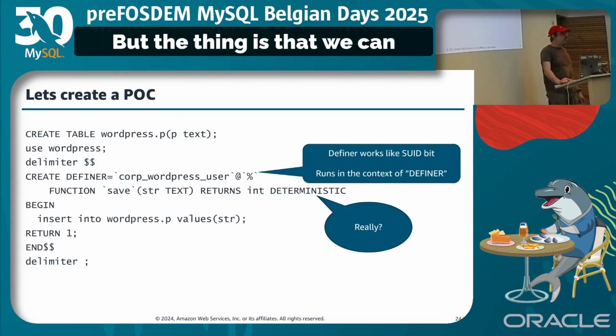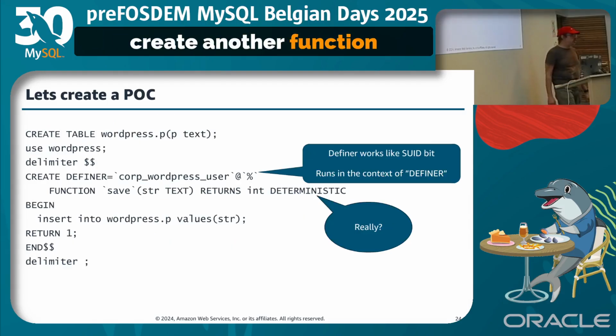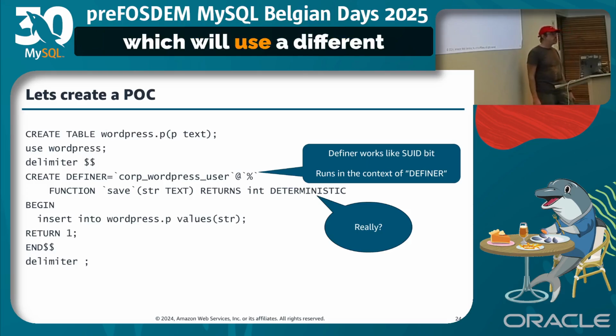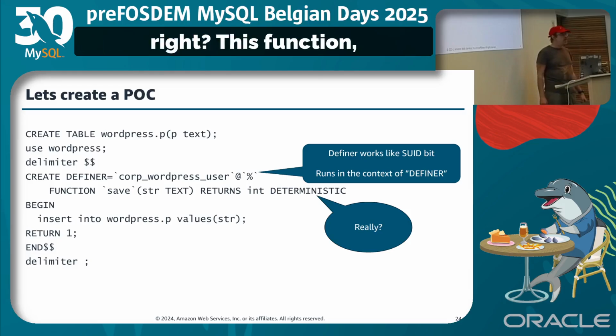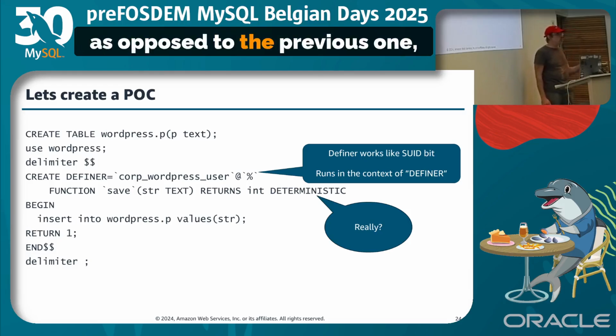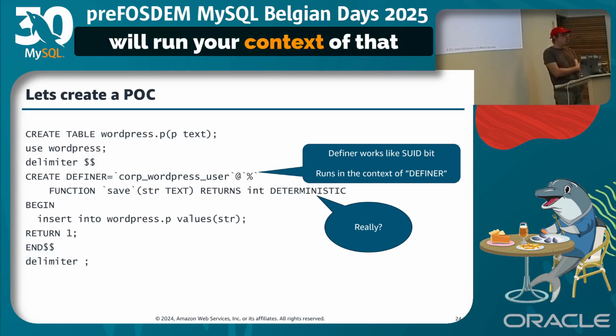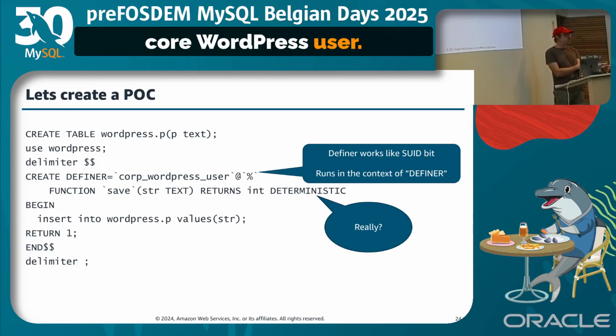But we can create another function, which we call save, which will use a different model, security definer. This function, as opposed to the previous one, will run in the context of that core WordPress user.